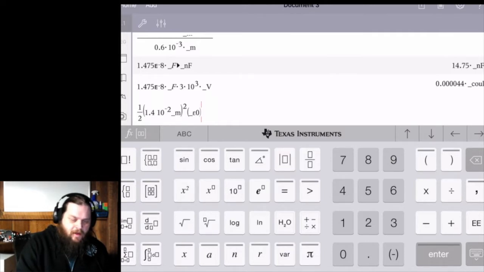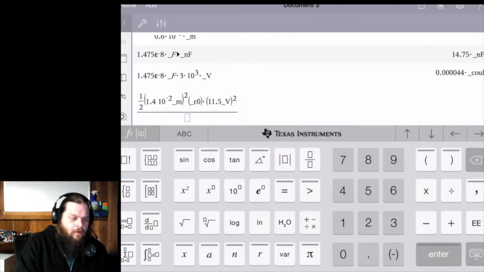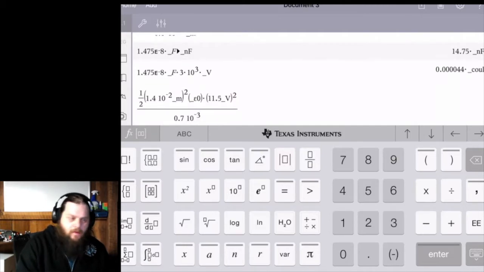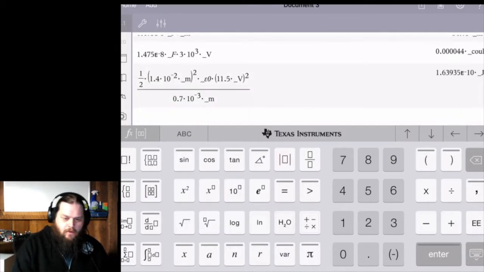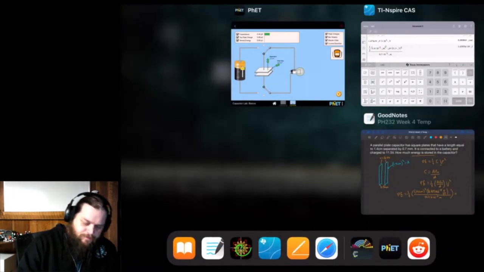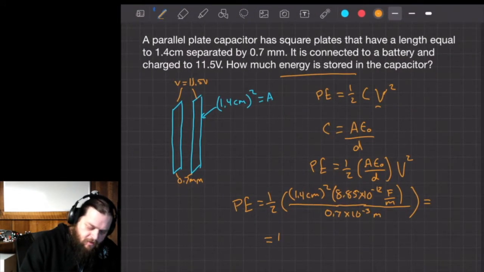We're going to multiply that times 11.5 volts, and we're going to square that. I'm going to divide that whole thing by 0.7 times 10 to the negative 3 meters. And we get 1.639 times 10 to the negative 10 joules. So this is equal to 1.639 times 10 to the negative 10 joules.